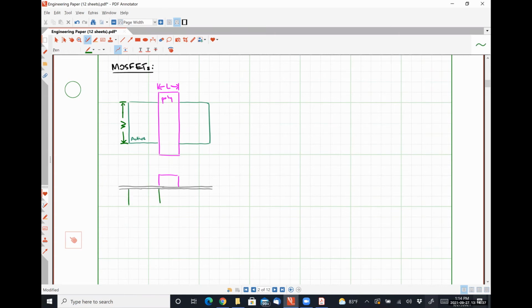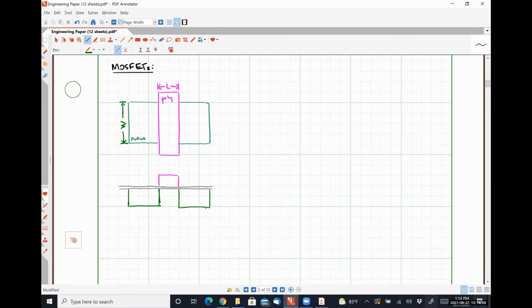And then a very well-defined active region occurring on either side of our gate.